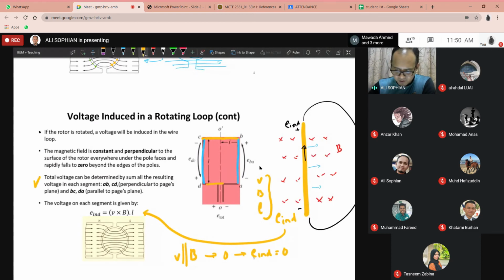We just assume it to be one segment. So the total voltage will be simply VAB plus VBC plus, and so on, until you get the last one, which is VDA.